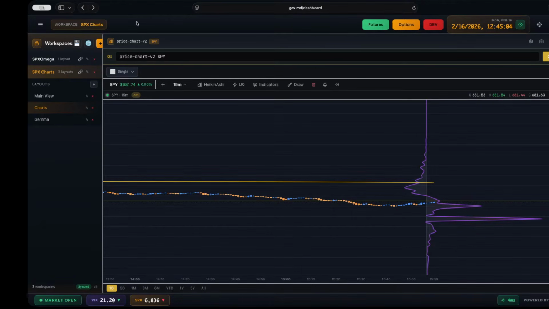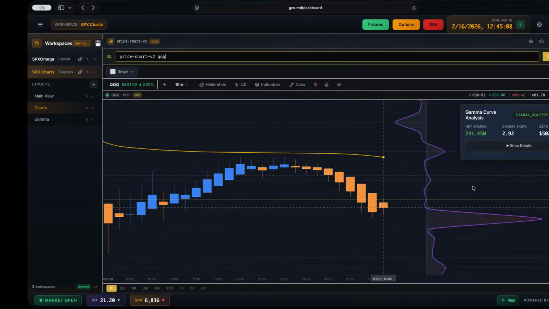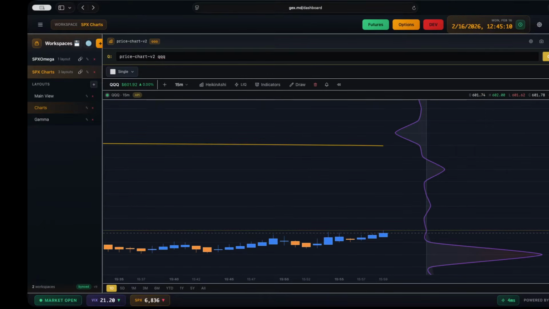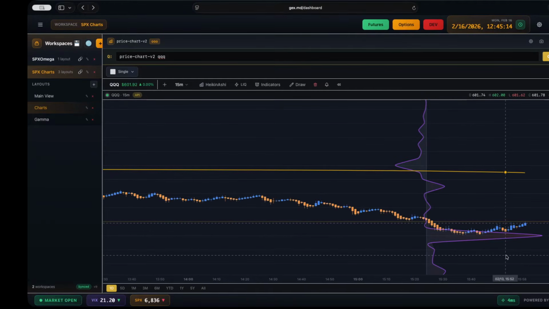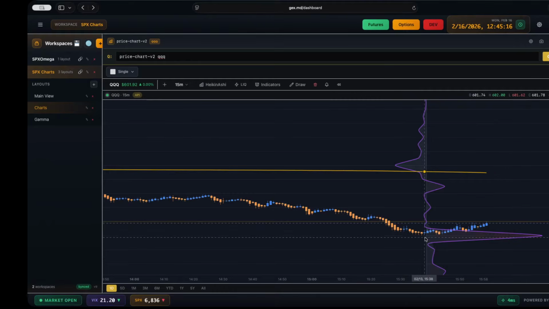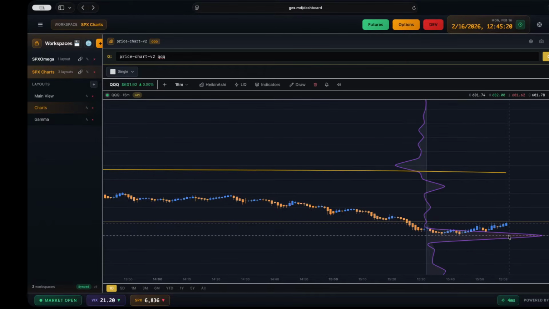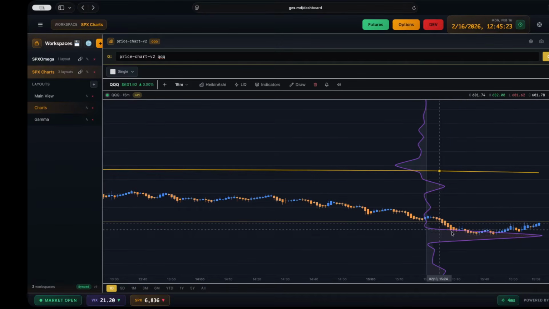Let me see if I can find another with a better view on the curve. Okay, so QQQ. Okay, perfect. So in QQQ you will see something different. So why are we going up? You see QQQ stepped up right here. They found big support in this area.